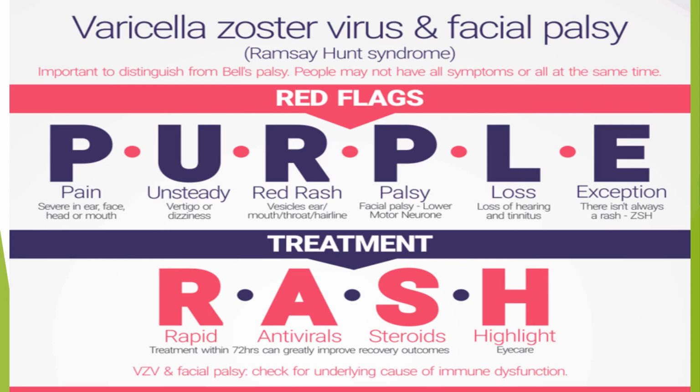In some cases, there is also loss of hearing and tinnitus. The exception is that there isn't always a rash in Ramsay Hunt syndrome. Treatment should be started within 72 hours, as I have said. Those treatments include rapid initiation of antivirals with acyclovir, steroids, and eye care.